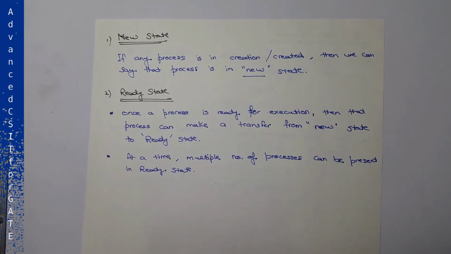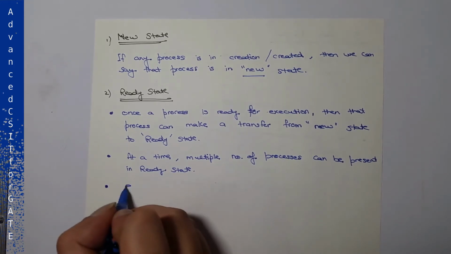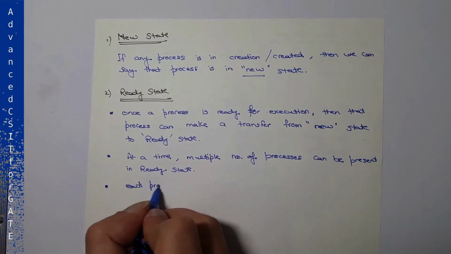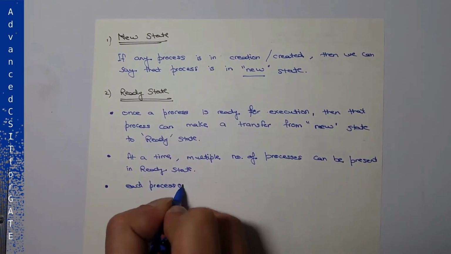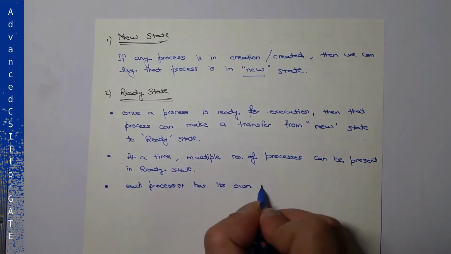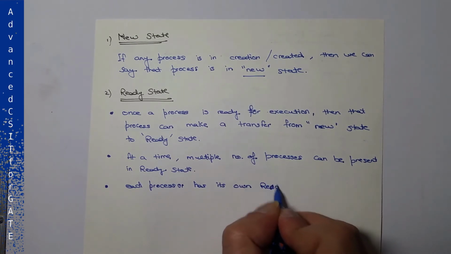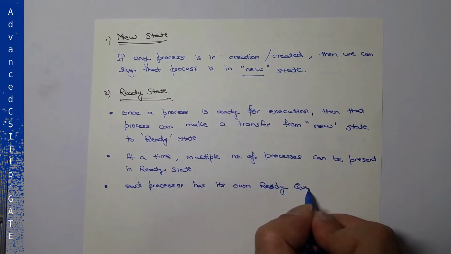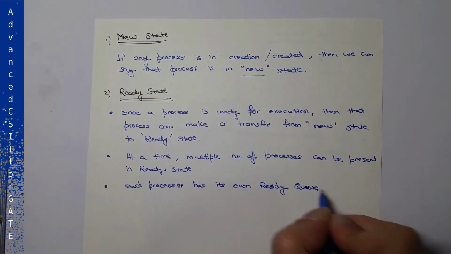Now, the processes can be multiple, but they are finite, and there can be one ready queue for every processor in the system. So each processor has its own ready queue.